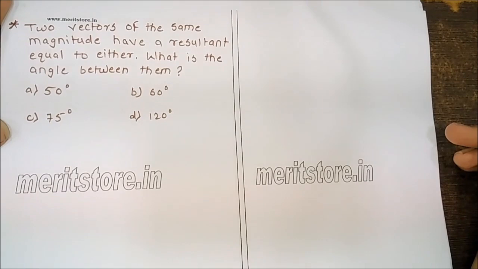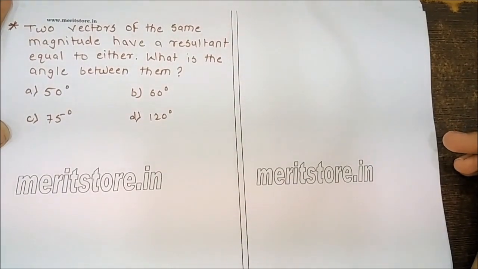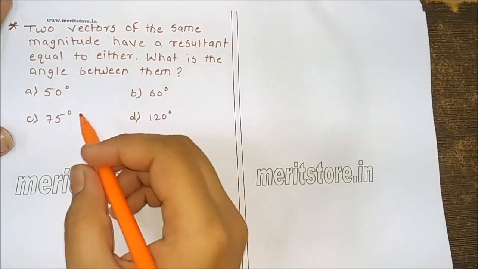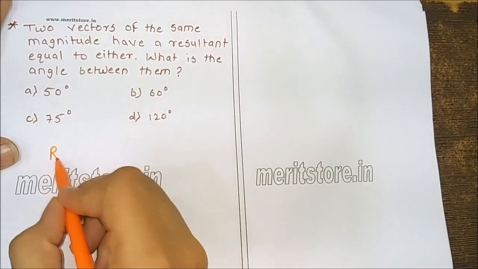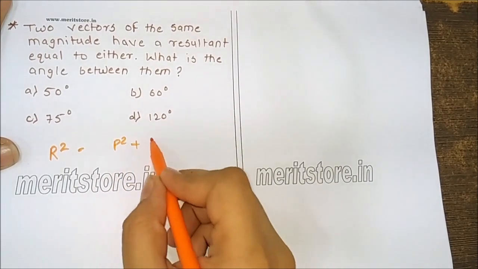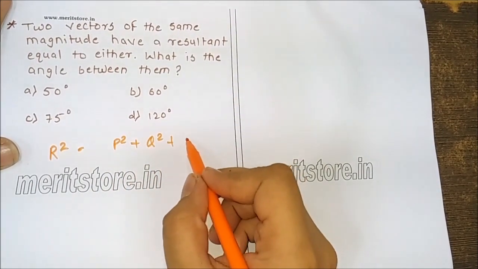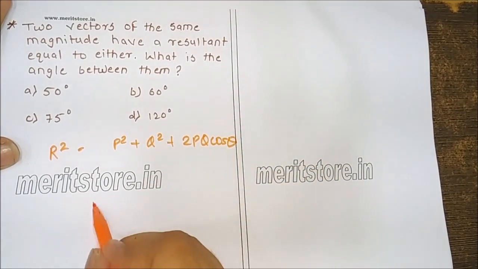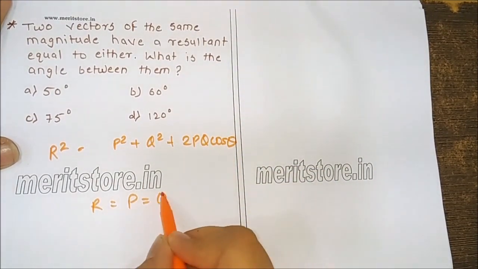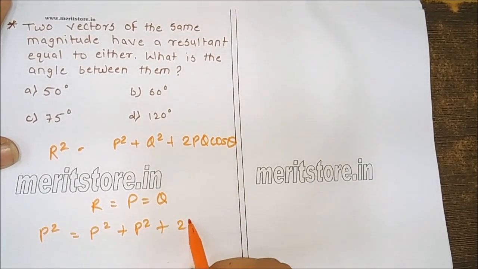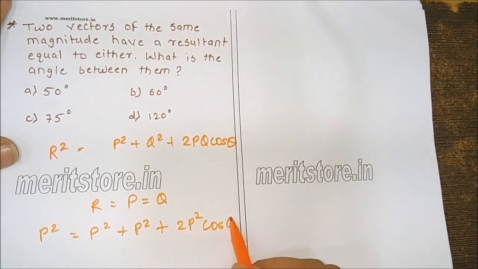Two vectors of same magnitude have a resultant equal to either. What is the angle between them? Now we know the formula for resultant, r square is equal to p square plus q square plus 2pq cos theta. R is equal to p is equal to q. So we can write p square is equal to p square plus 2p square cos theta.